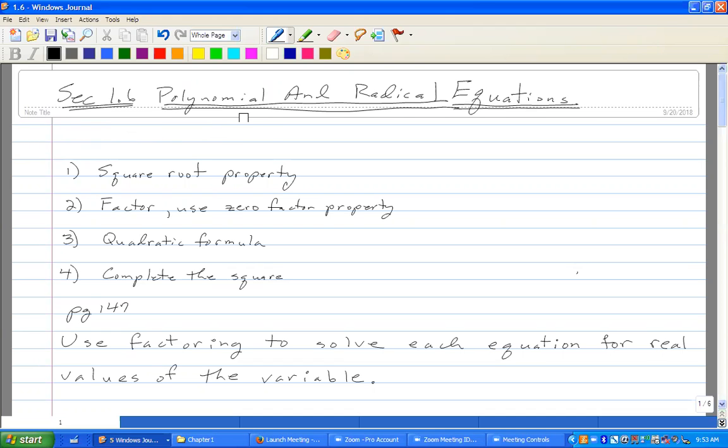So let's recall the techniques for solving quadratic equations.